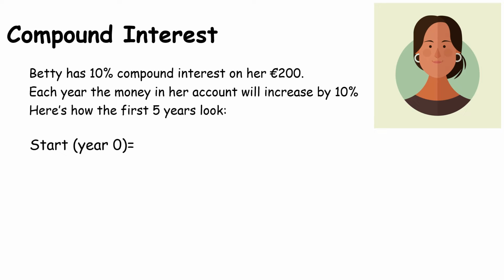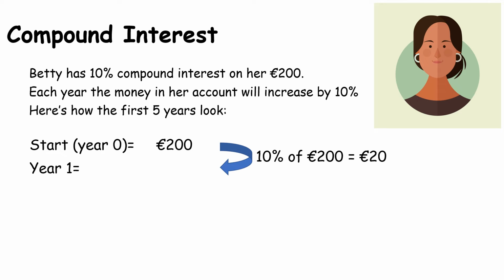So this is how it looks. She starts off with 200 euro, just like Anna. She then gets 10% of 200, which is 20, and we get 220 euro. Okay. We then, for year 2, she doesn't get 10% of 200.